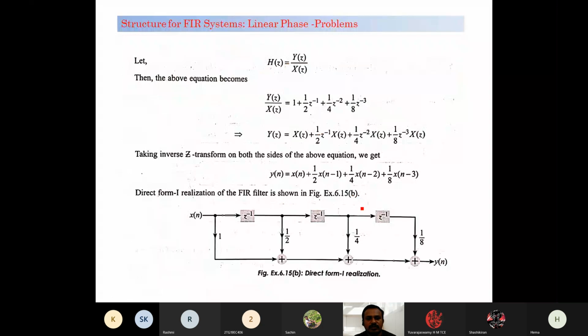Then we need the output, because the system function is the ratio of output by input, so the output is the function of the input. Then we take the inverse Z transform of the output, and we draw the circuit structure according to that equation.